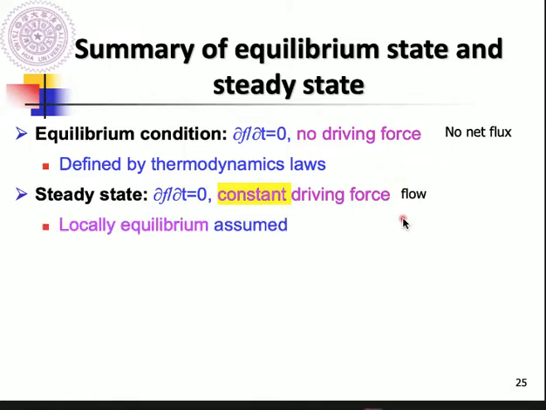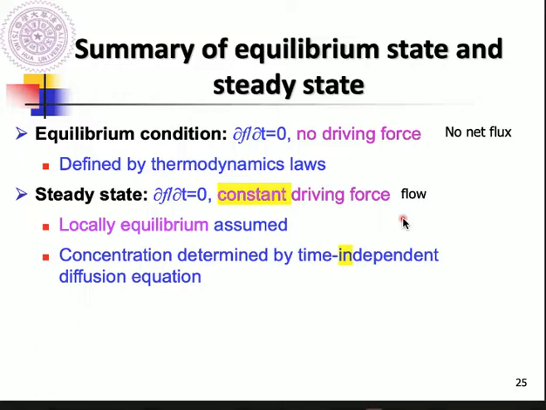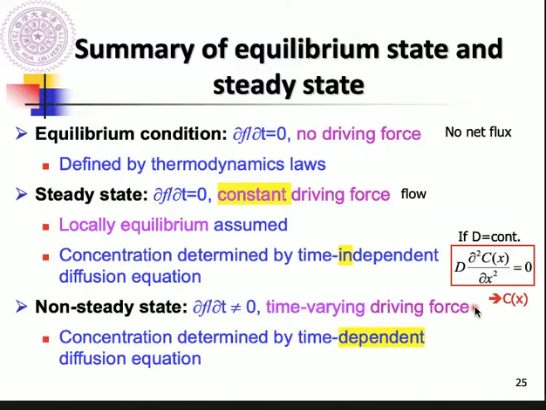Based on this, we need to assume local thermodynamic equilibrium, and we will get the time-independent diffusion equation, and you can get a concentration profile that does not change with time, but changes with location in your materials.